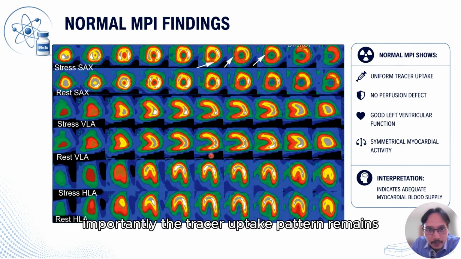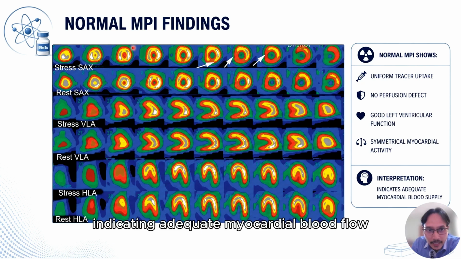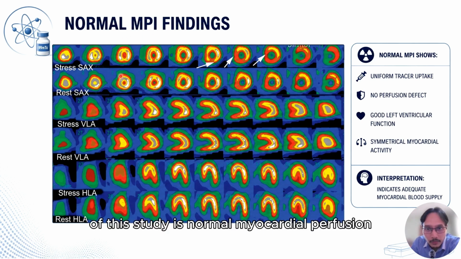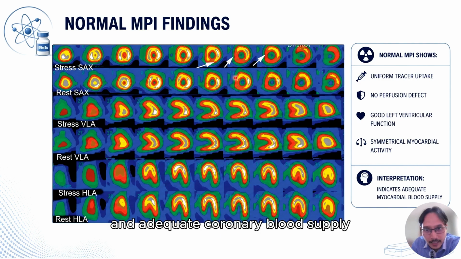Importantly, the tracer uptake pattern remains symmetrical in both stress and rest, indicating adequate myocardial blood flow without evidence of ischemia or infarction. Therefore, the overall interpretation of this study is normal myocardial perfusion, suggesting that the patient has no significant perfusion abnormality and adequate coronary blood supply.